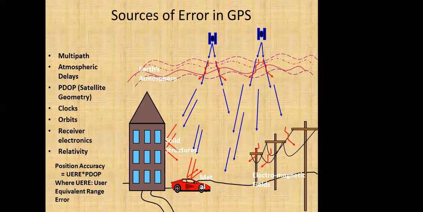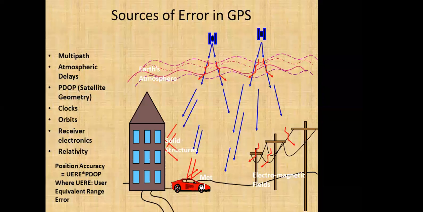Okay, this slide shows the different types of errors in GPS or any GNSS system. First of all, we upload the ephemeris, meaning the satellite location and clock bias error, to the satellite, and the satellite transmits that information to the user. The ephemeris itself has a certain error, and the clock bias we uploaded also has a certain error, but that error is less than 2 meters. Then the signal comes through the atmosphere.